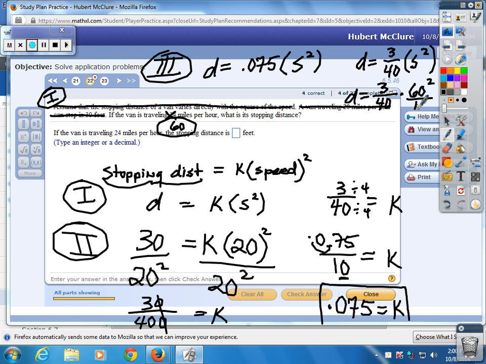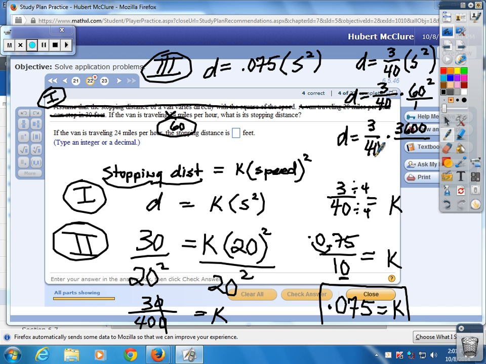Now, of course, 60 squared is what? Well, what's 6 times 6? Okay, and then you add 2 zeros, because when you square a 10, that means you add 2 zeros, because 10 times 10 is 100. So, D is equal to 3 over 40 times 3,600.